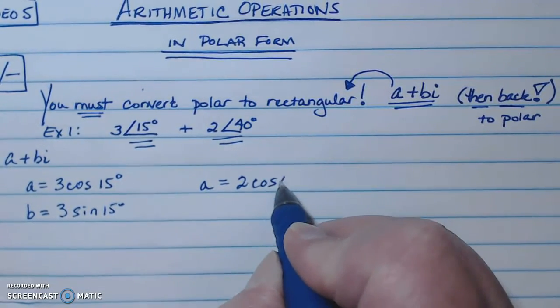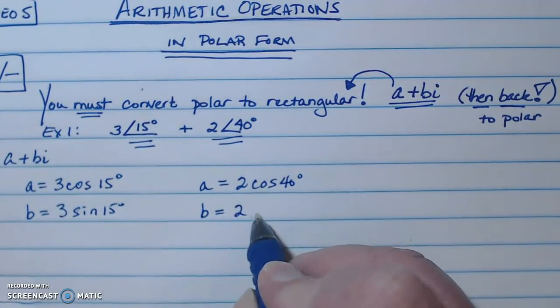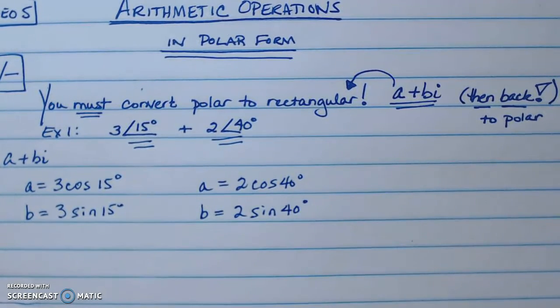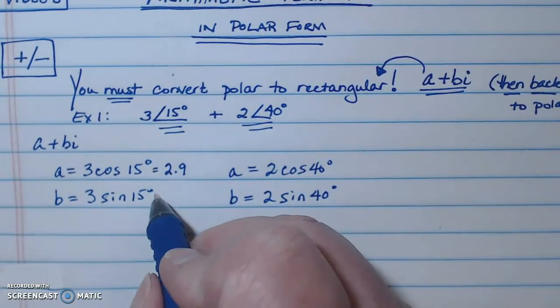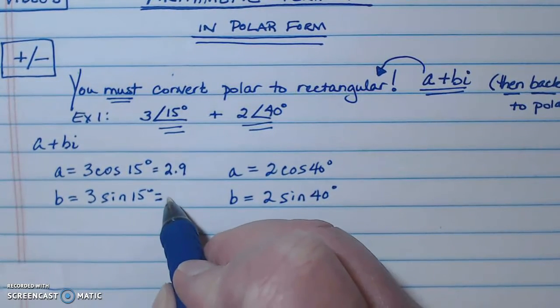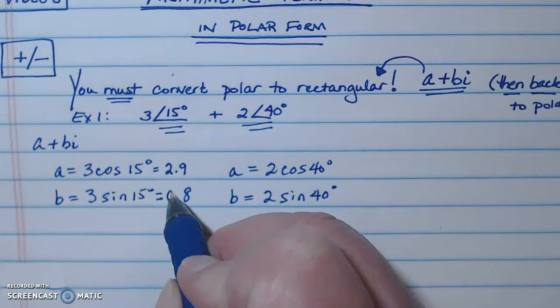2 cosine 40 and b equals 2 sine 40 degrees. So for my first a I get 2.9. Calculator, for my b I get 0.8, let's call it 0.8.